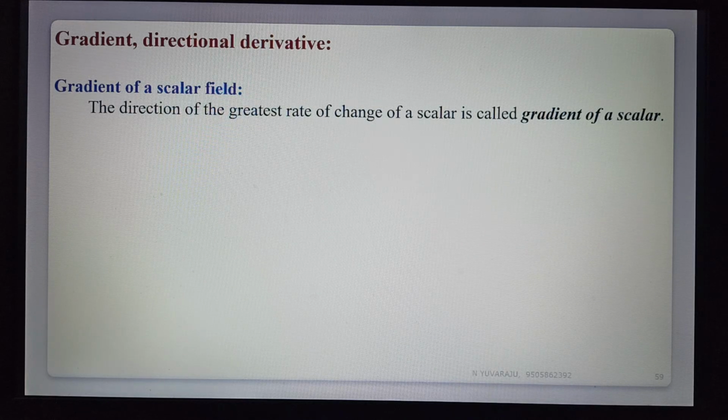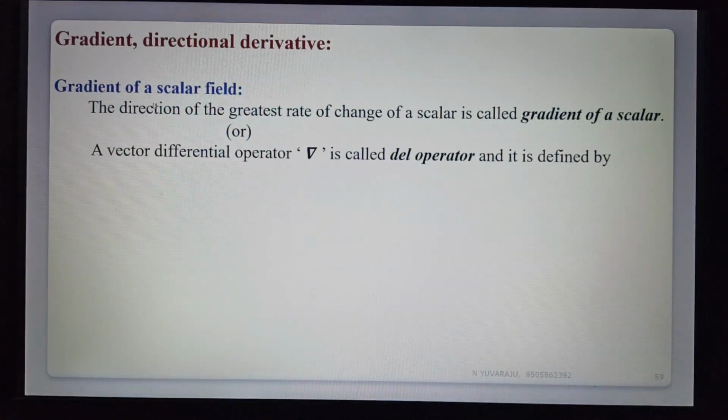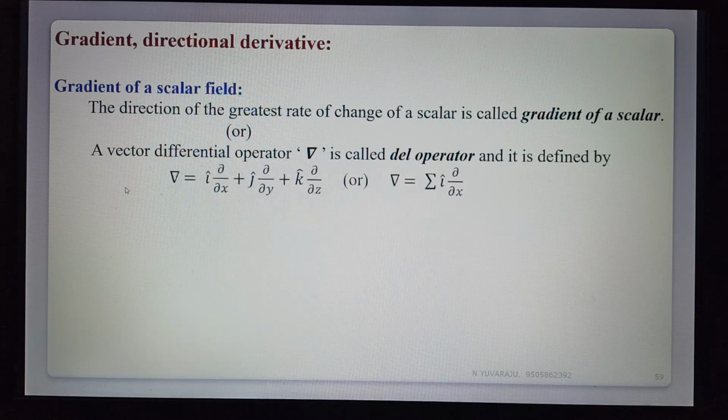Another definition: a vector differential operator is del. This operator del is defined by del equals i dou by dou x plus j dou by dou y plus k dou by dou z.